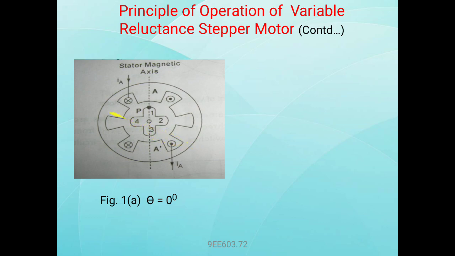This gap, and these are the rotor poles 1, 2, 3, 4. Here the stator magnetic axis and rotor poles 1 and 3 coincide along the same axis.